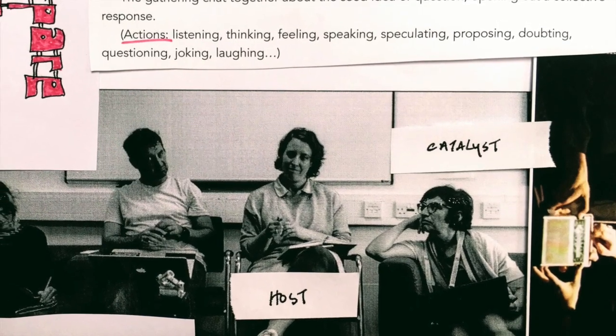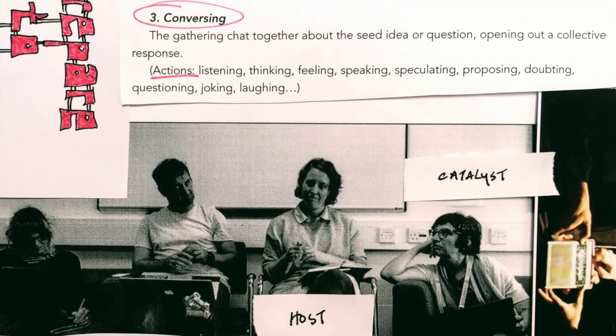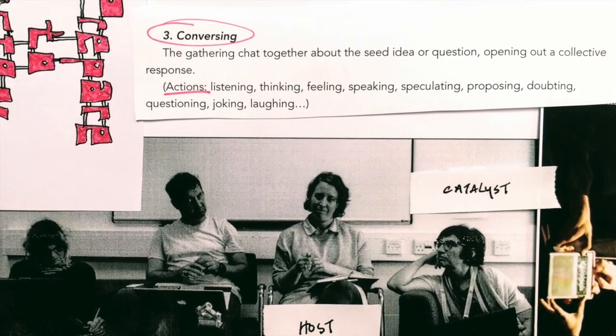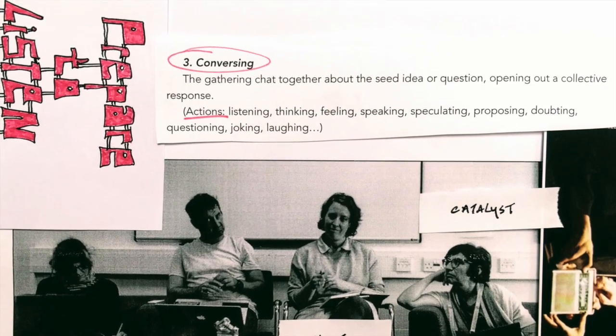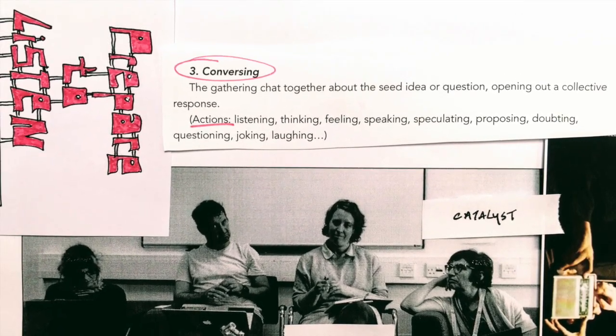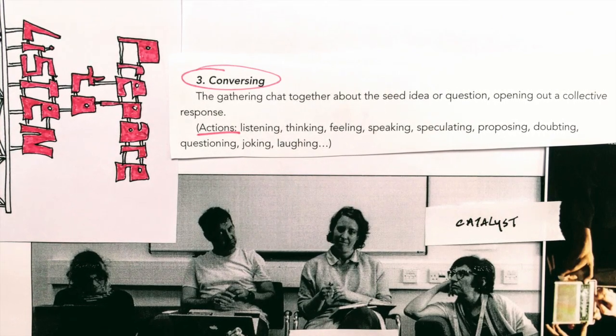But slowly but surely, or maybe explosively, conversation will happen one way or another. So the main actions here will be listening, thinking, feeling, speaking, speculating, proposing, doubting, questioning, joking, laughing, all that kind of thing.